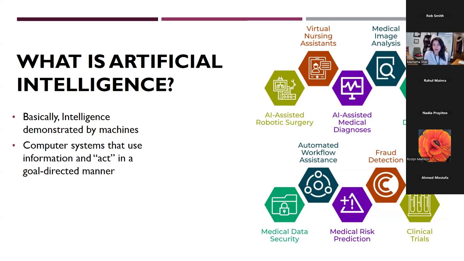So in terms of medical image analysis, AI-assisted robotic surgery, there are various tools that in the US healthcare system are already in use, such as medical risk prediction, fraud detection, automated workflow assistance. So there are different applications in the pharmaceutical industry. AI tools are being used to, say, optimize the performance of clinical trials as well.